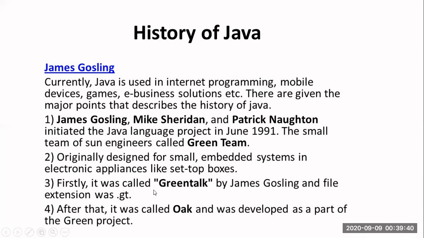The first name they wanted to keep was Green Talk, and then later they named it Oak. But there was already a company called Oak Systems. Since there would be a patent problem and other things, they decided and kept the name Java.